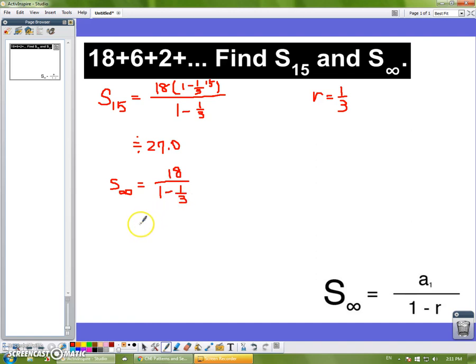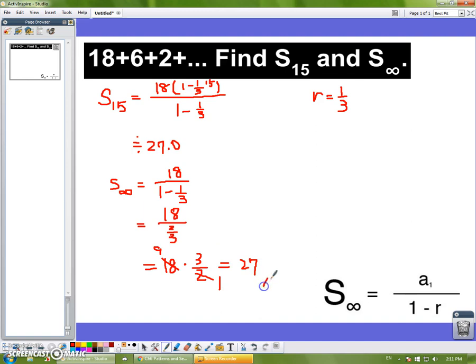I'm just following the formula at the bottom right of this screen. So that's 18 divided by 2/3. And that's going to be equal to 18 times, actually, 3 over 2. This is 1, this is 9. The final answer is 27.